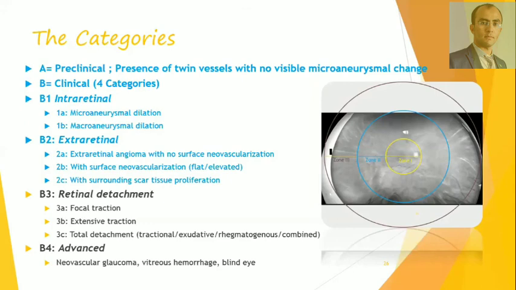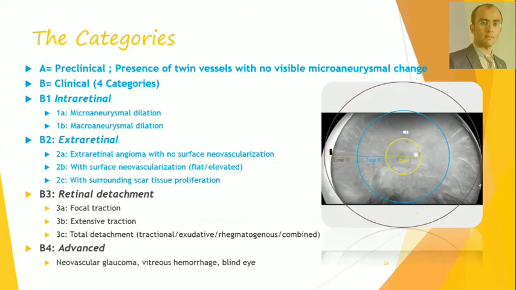Category 3 covers the retinal detachment, and category 4 covers the advanced manifestations of the disease. In category 3, 3A corresponds to focal traction, 3B to extensive traction, and 3C corresponds to the total retinal detachment occurring due to any etiology.